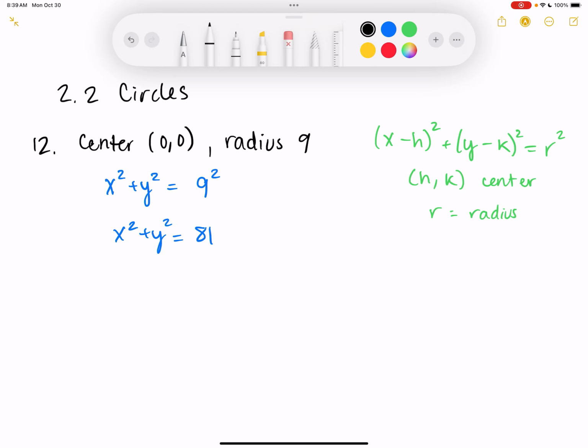So we get one that actually has a center. This one has a center at 4, 3 and a radius of 5.